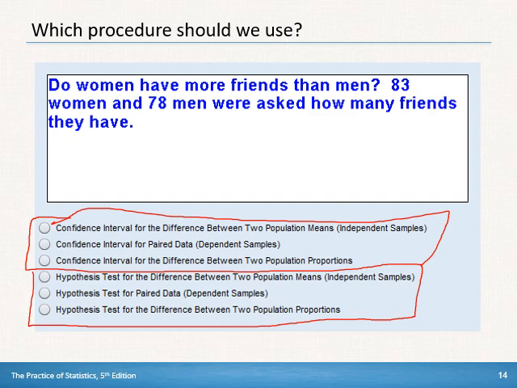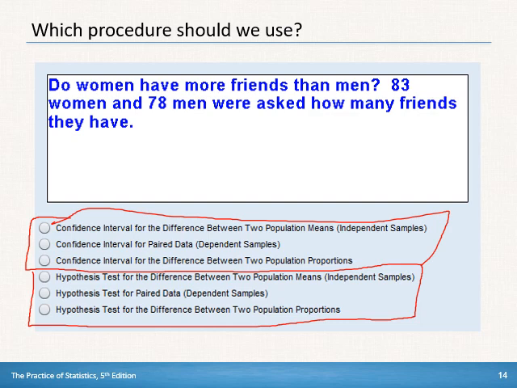Is it a hypothesis test between two population means? So we're talking about means here, or are we talking about proportions, which would be the last one? And then paired data. And remember, paired data always deals with means and not proportions, right? So is this proportional, or is this mean?